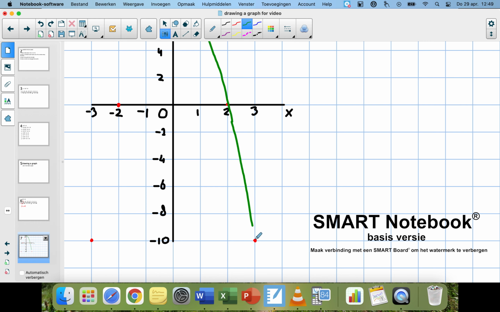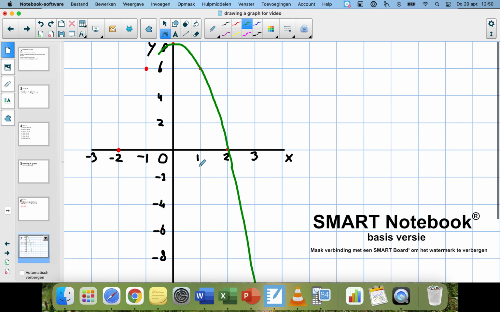And I'm gonna go through the point. I'm not gonna go a long way through the point because I don't actually know how quickly it goes down. I can calculate it, but I don't need to. But don't stop at the point, because the graph does continue. We just didn't calculate any more points. And now I'm gonna try to do the same on the other side.